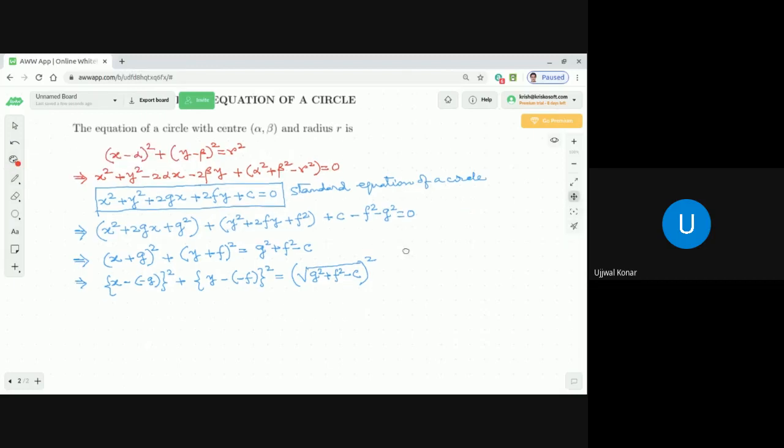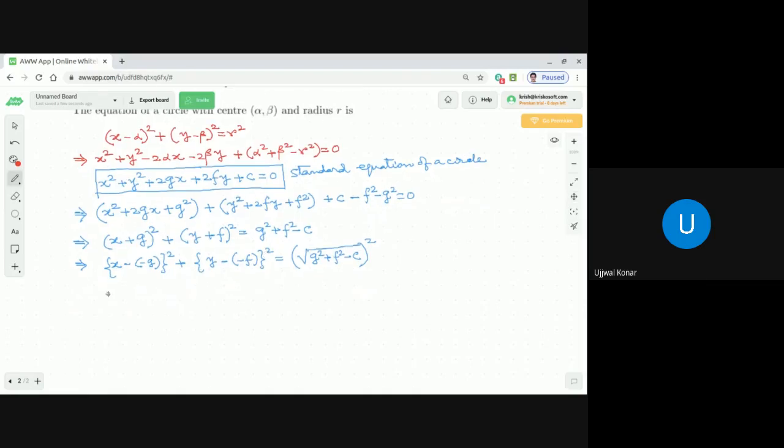So if we make a comparison of both these equations, dear students, what are we going to conclude?